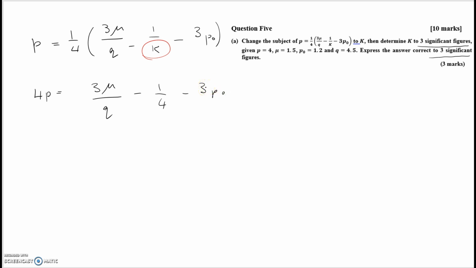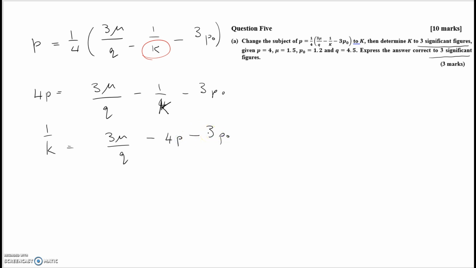And oops, that's 1 over K. And then I'm going to put things on different sides. I'm going to say 1 over K equals 3 mu over Q minus 4P minus 3P0.